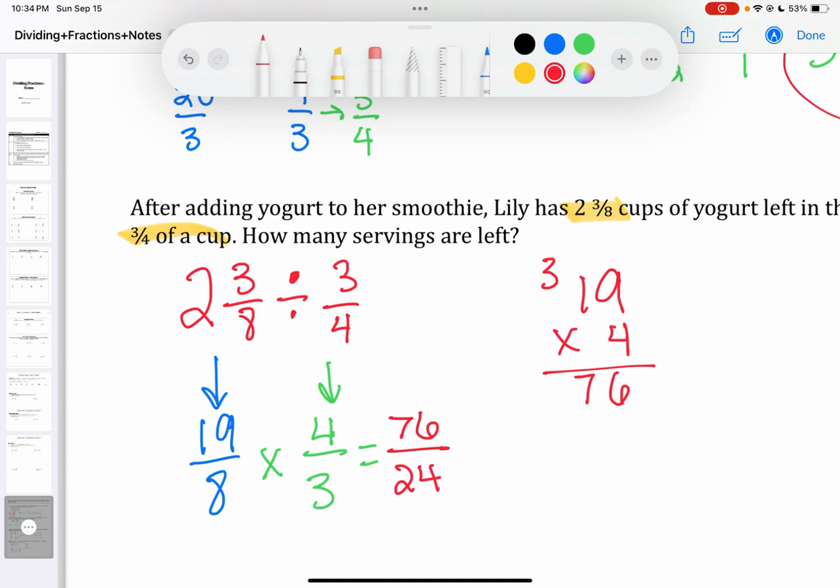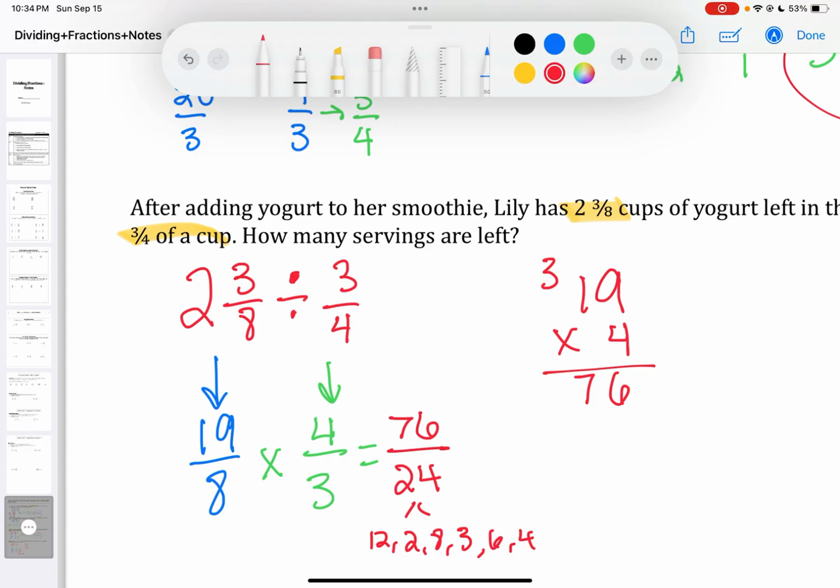So I do not know off the top of my head if this can be simplified, but I know that 12, 2, 8, 3, 6, and 4 all go into 24. So I'm just going to try to divide 76 by these numbers. 76 divided by 12 is not a whole number.